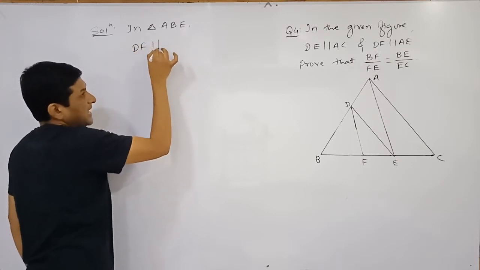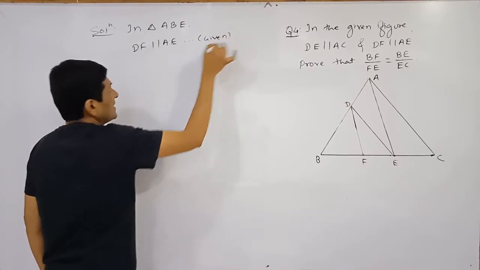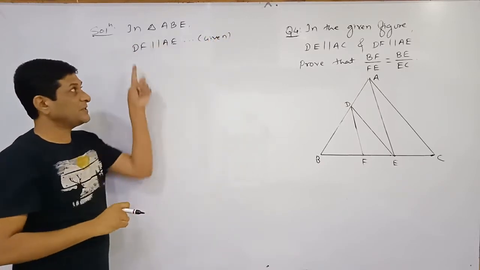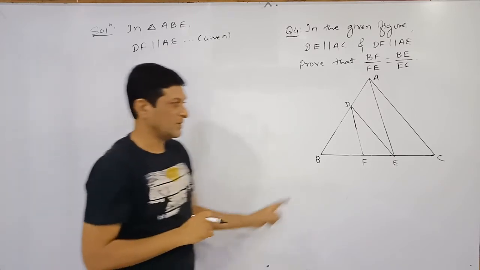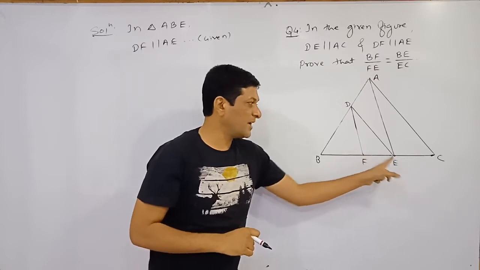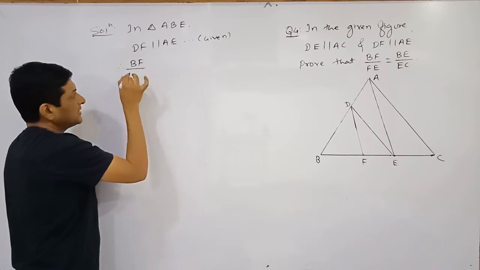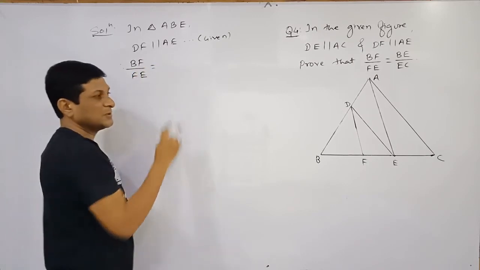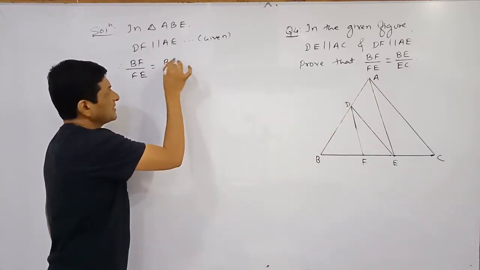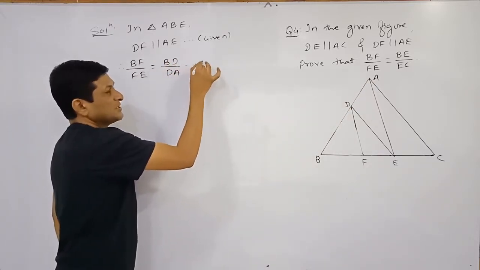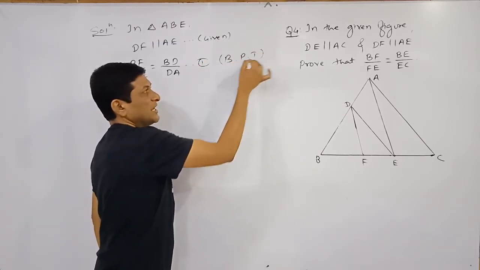Now if a line is parallel to one side of a triangle, then according to BPT, it divides the other two sides in equal ratio. So which ratios are equal? BF upon FE is equal to BD upon DA. So let us denote this by equation number 1, and this result we have got by applying the basic proportionality theorem.